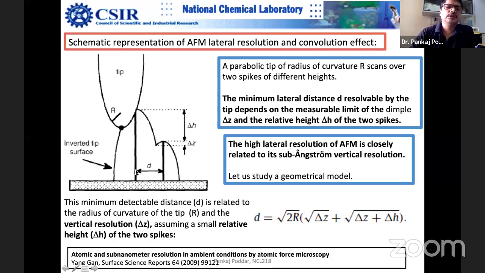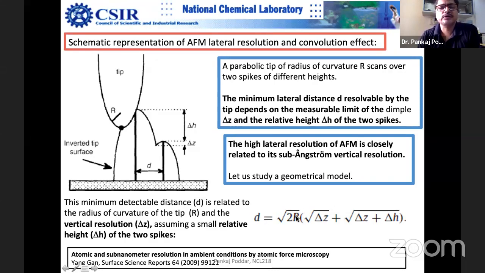Now this lateral resolution D depends upon R because of convolution effects. Also, the height difference between this feature and this feature, which is delta H. And this is our vertical resolution, delta Z. So this depends upon R. We already know that the smaller the radius of curvature of the tip, the better will be the lateral resolution.